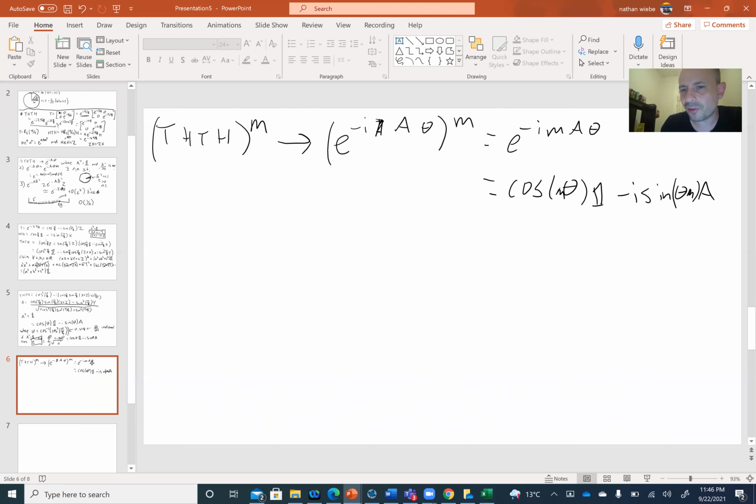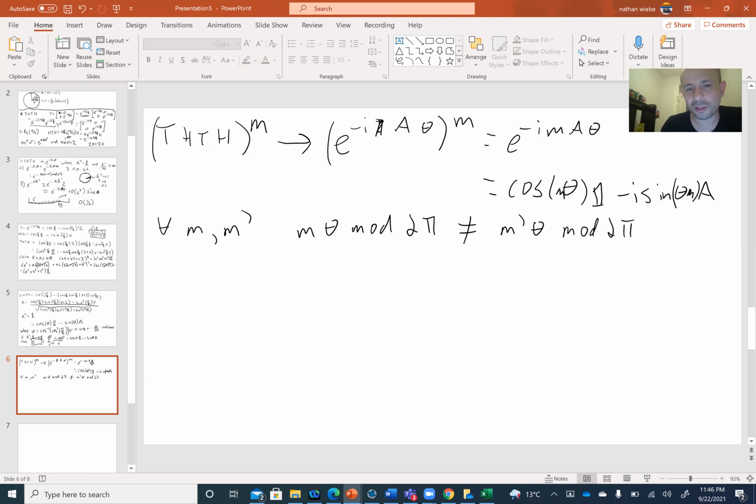Now, because this is irrational, what we know is that this will never be periodic. So for all m and m prime, m theta mod 2 pi will not be equal to m prime theta mod 2 pi.